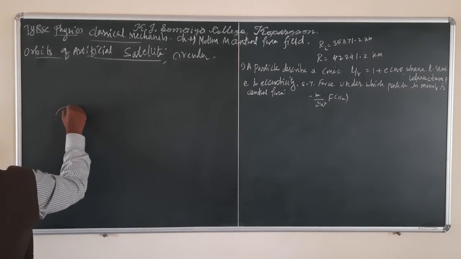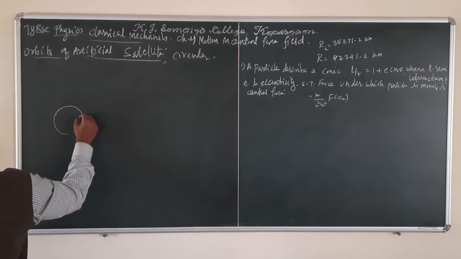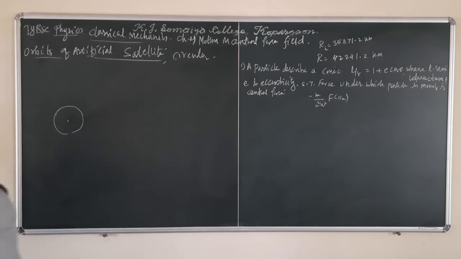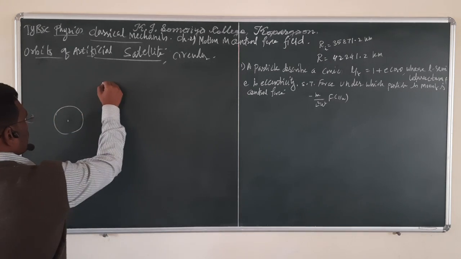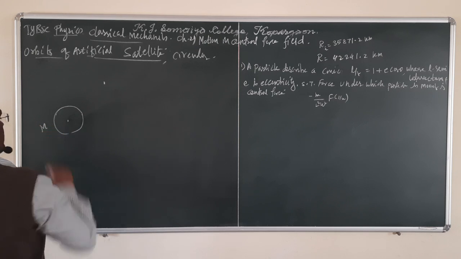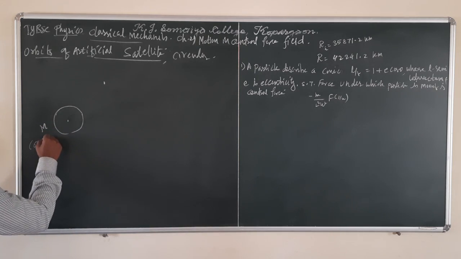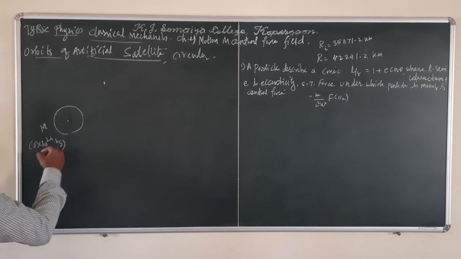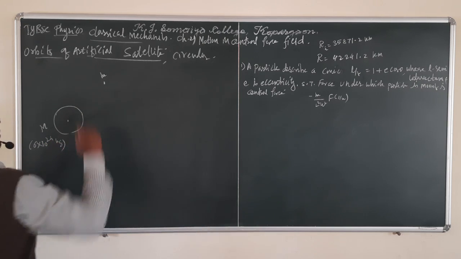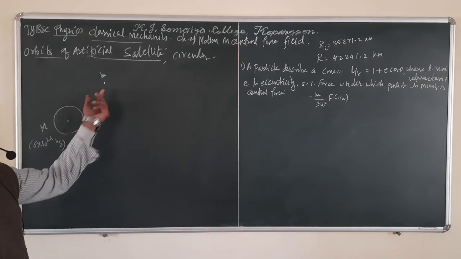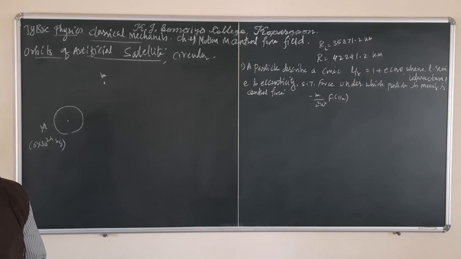Suppose this is earth and this is the center of earth and the satellite is over here. Suppose capital M is the mass of earth, which is 6 into 10 raised to 24 kg, and small m is the mass of that satellite. The mass of a satellite may be around 100 kg, 200, 500 kg, 1000 kg, like this.